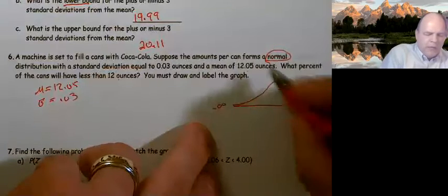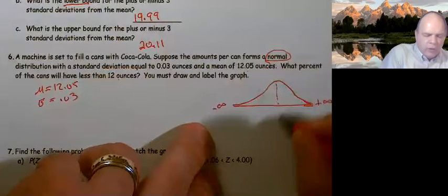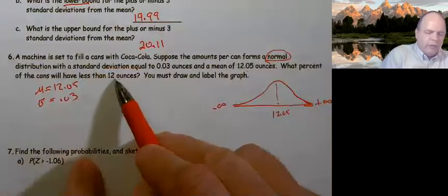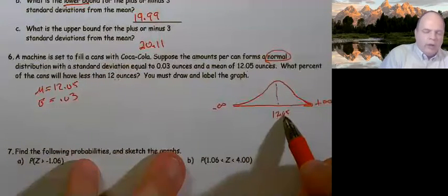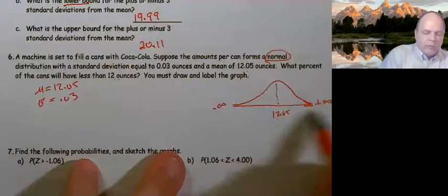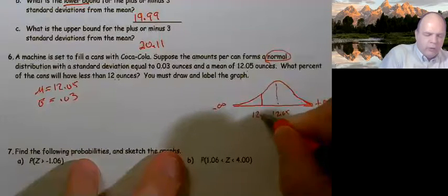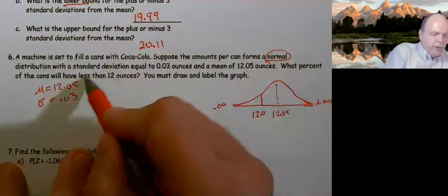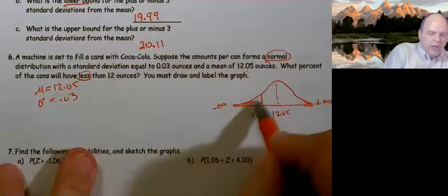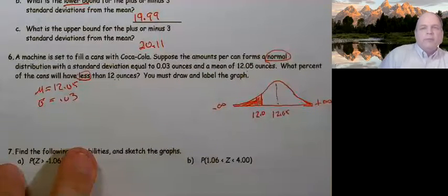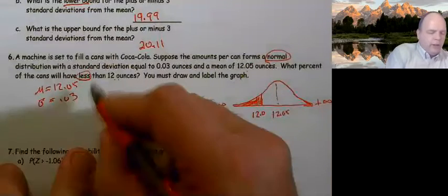They tell us our mean amount, our average amount, is 12.05. And they say we'll have less than 12. Well, remember, this bottom part is a number line, so 12 is going to be below it. So 12 is here. And then they have the keyword less, which means I'm shading off to the left.